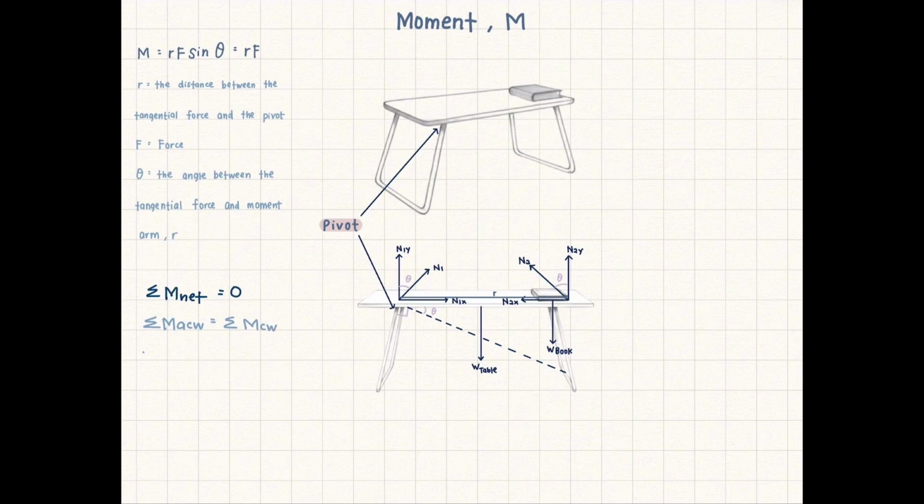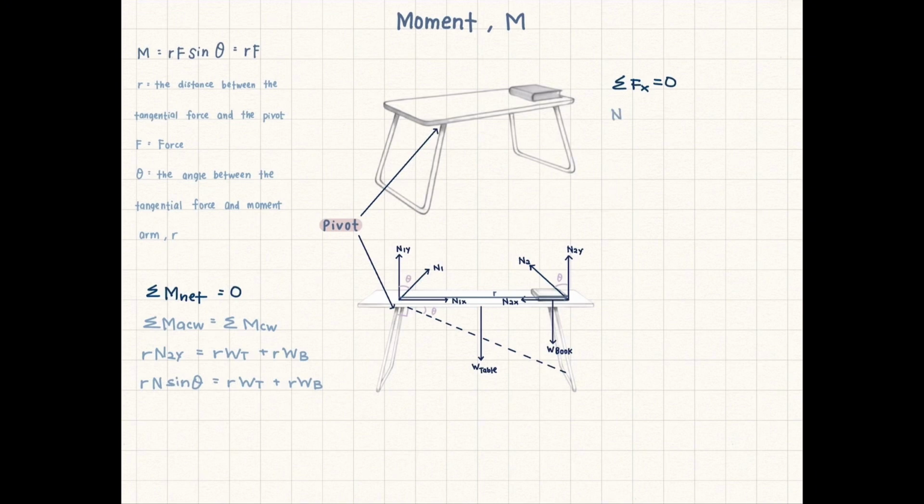So, substituting the forces given, Rn2y equals Rwt plus Rwb, or equivalently, Rn sin theta equals Rwt plus Rwb. Next, the sum of forces in both the x and y axis must be 0.